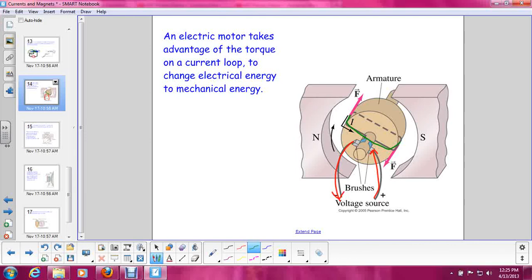Because there's a magnetic field here, it will interact with this magnetic field, which is going from north to south. And Lenz's law tells us that these two magnetic fields will oppose each other, the one from the magnets and the one from the current in the wire. They'll oppose each other, and that will actually physically make this whole thing turn around. So this is an electric motor.